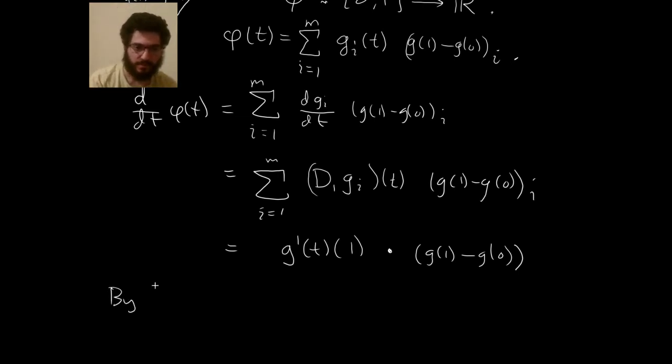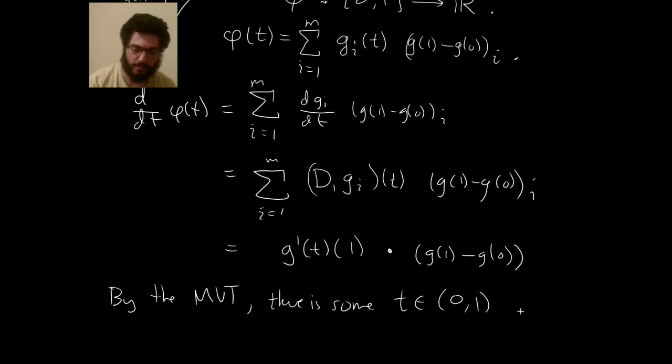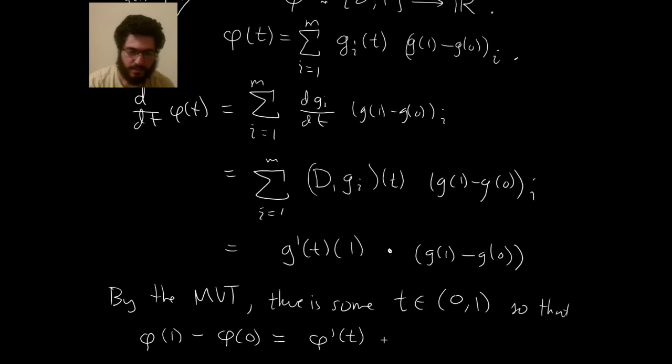So by the mean value theorem, there is some t in (0, 1) so that phi of 1 minus phi of 0 equals phi prime of t times 1 minus 0.